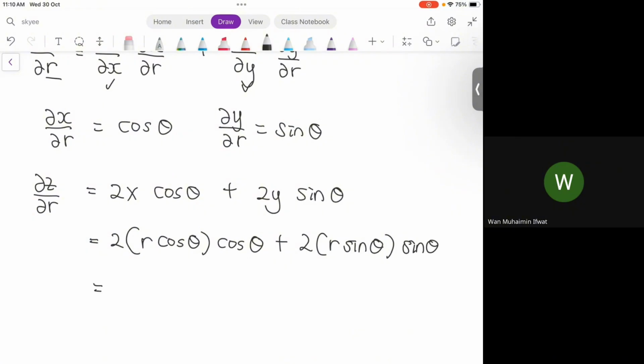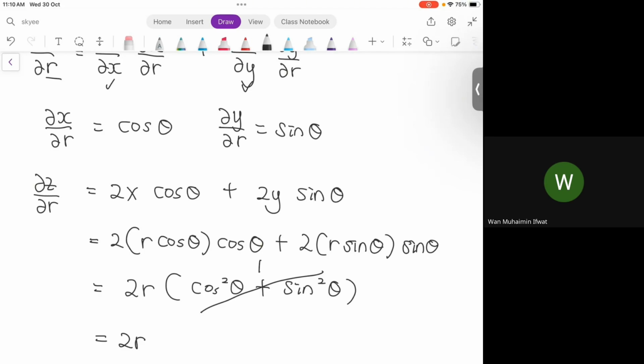So you can actually take out these two r, and this one will be cos square theta plus sine square theta, and this is equal to 1. So your answer is 2r. Okay, 2r.